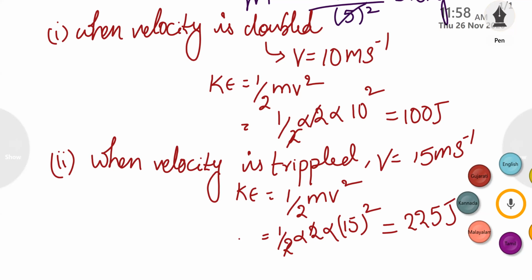Okay, so actually you can also understand it in this way. Here the body is lifted to a certain height. After reaching that height, the body comes to a resting position, and the object will possess potential energy there. So here we have an expression for potential energy: PE is equal to mgh.